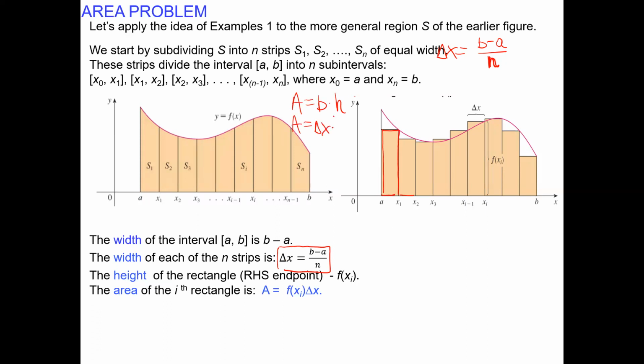Base is delta x, and height is the value of the function at the sample point. Now we have to figure out the sample points, because I cannot say f of x sub 1, f of x sub 2. We have to have more general information, because what we will definitely know are a and b. a will be given, and b will be given.